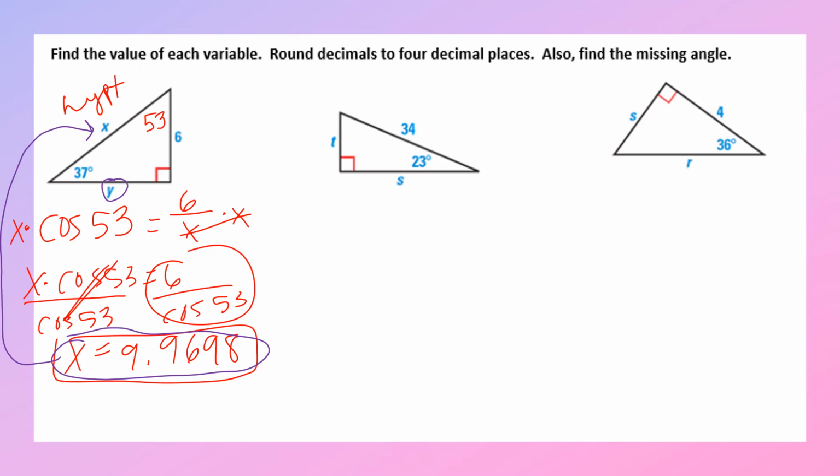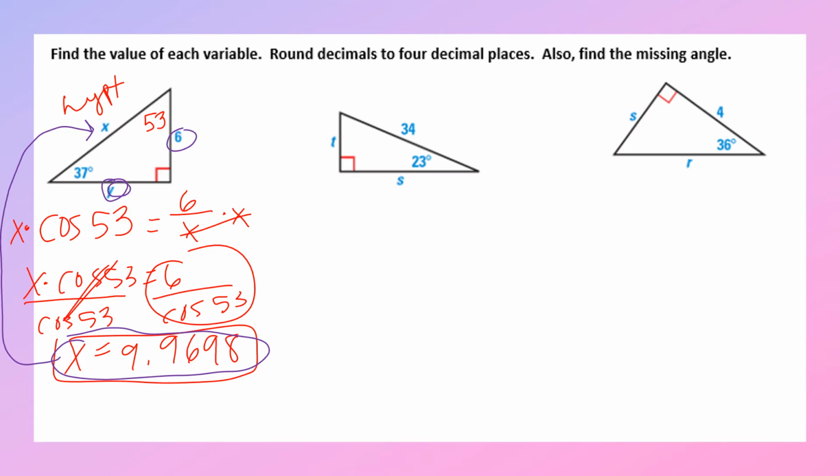Obviously that decimal went on for a very long time, so we want to use the y and the 6 here. And the y and the 6, the only way we could do that is if we do tangent of 37 or tangent of 53.